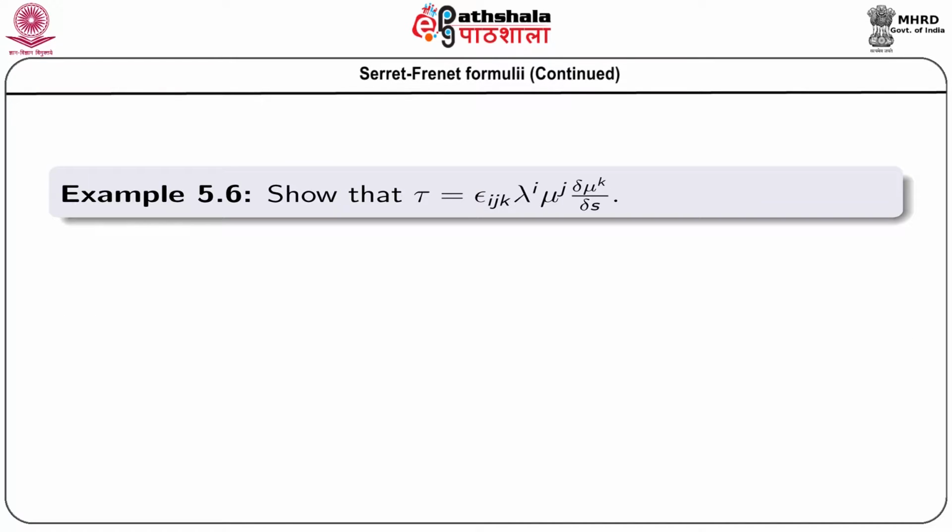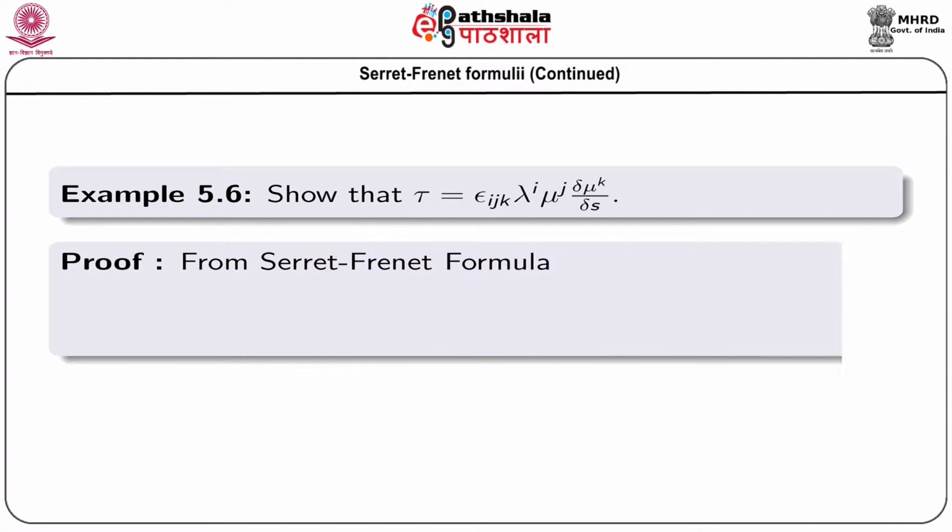We can also obtain the expression for the torsion τ, which is given by ε_ijk λ^i μ^j dμ^k/ds, and we can easily find the value of torsion by using the Serret-Frenet formula, because we know dμ^i/ds equals τ γ^i minus κ λ^i.